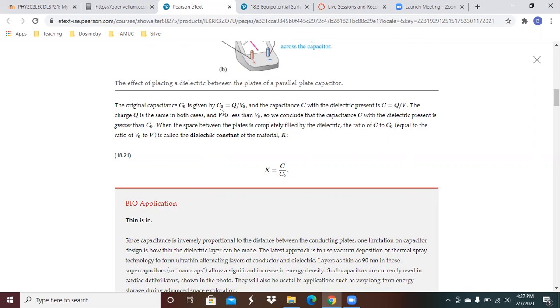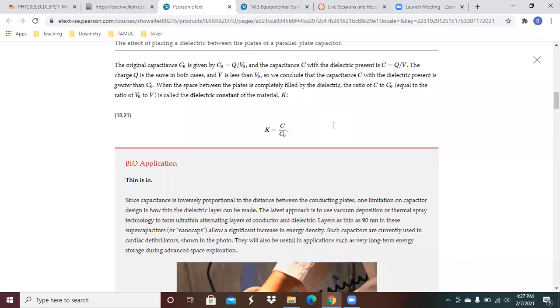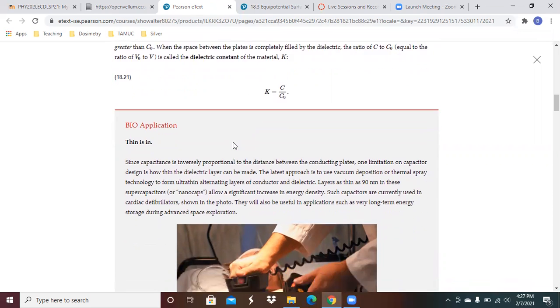Now, when you take the same number, Q, and you divide it by a smaller number than what you did before, guess what? That is going to increase in value. That increase in value, if we take the capacitance and divide it by the original capacitance, you're going to get a dielectric constant. And depending on the material, that constant is going to be different.